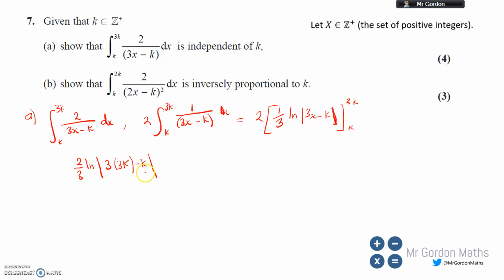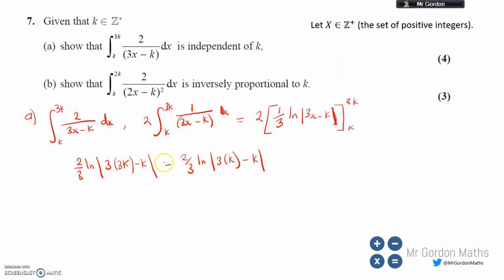That's our first limit in. Then we subtract the second one: 2/3 ln of 3 lots of x, which is just k this time, minus k. And that should give us the kind of result we're looking for.